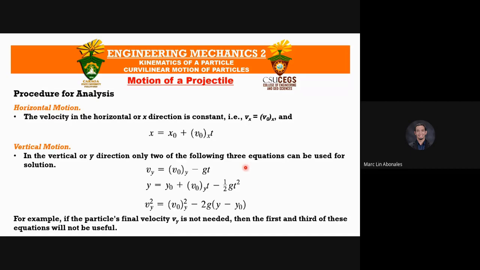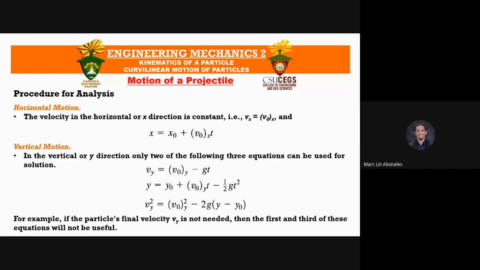So most likely, what we will use are those for the horizontal and for the vertical, the first two equations. And for example, if the particle's final velocity Vy is not needed, then the first and third of these equations will not be useful.